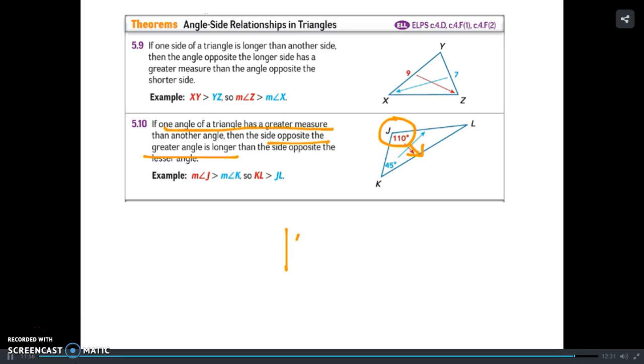So we know that side KL is bigger than side JL because it's across from the larger of the two angles. And so we could write our inequality that way. Notice that for all of these we're dealing with measurements, so when you're writing these you don't actually need the lines over the top of the KL and the JL.